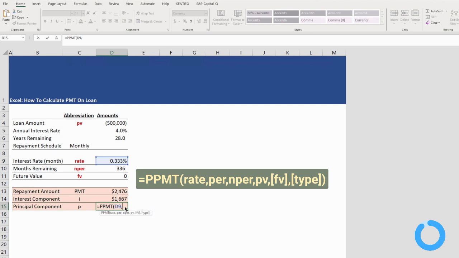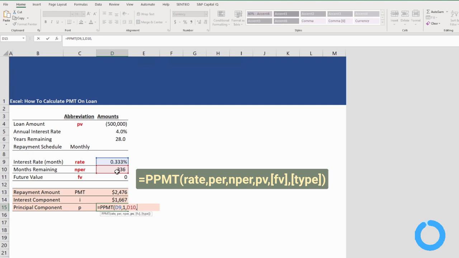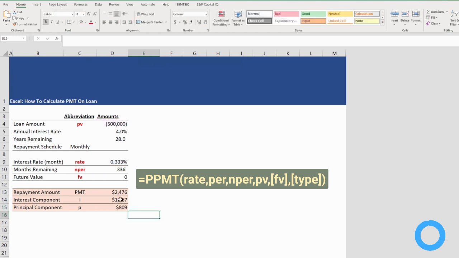And once again, I want to know what the principal component is for this upcoming month. So I'm going to put in 1 again. And the number of periods, once again, is 336. Present value is 500,000. Future value is 0. And again, to remain consistent, I'm going to assume that the repayments are made at the end of the period.